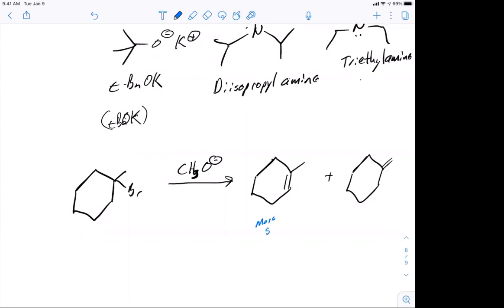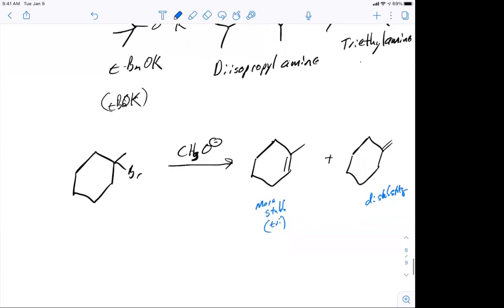This one is more stable. Why? It is tri-substituted. This one is di-substituted. And if we look at our base, it's a non-steric base, so not a bulky base. That means that this is going to be my major product.